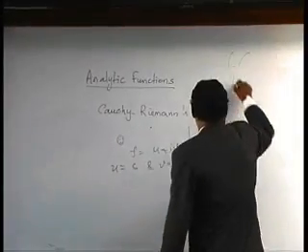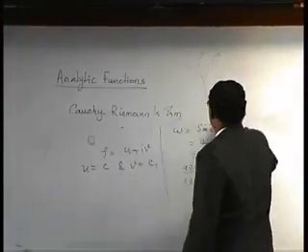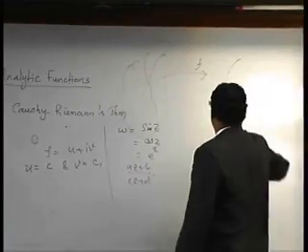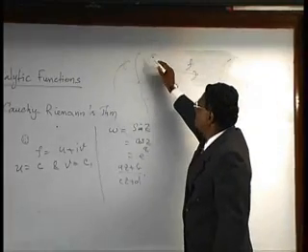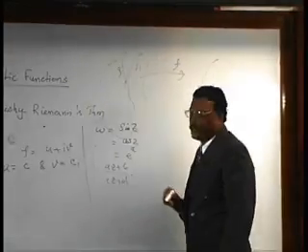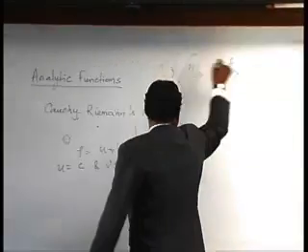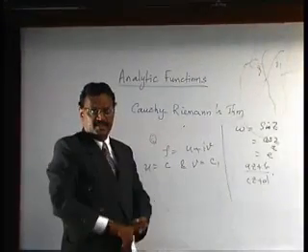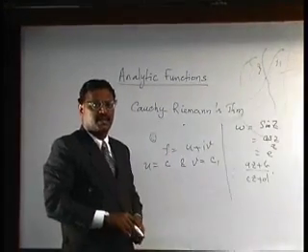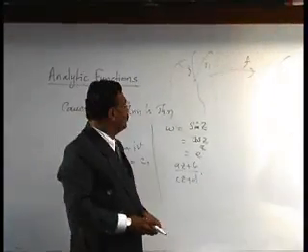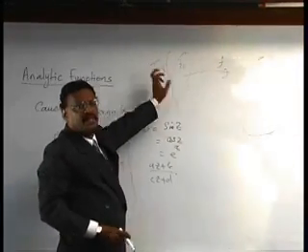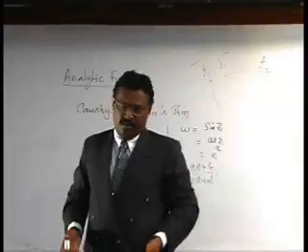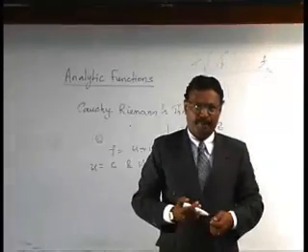If you have two curves which intersect in a domain, and you have a function, then you consider the image of these two curves, say gamma 1 and gamma 2, and the images also define two curves, and they will intersect. What is the angle between them? If the angle between the original curves is the same as the angle between their images, we call the function a conformal mapping.